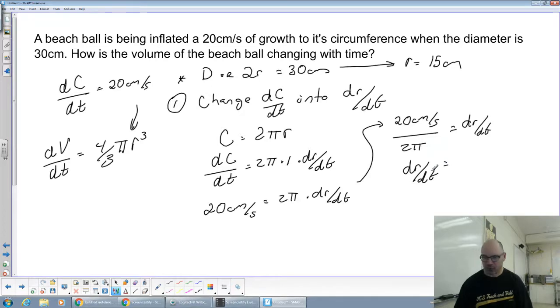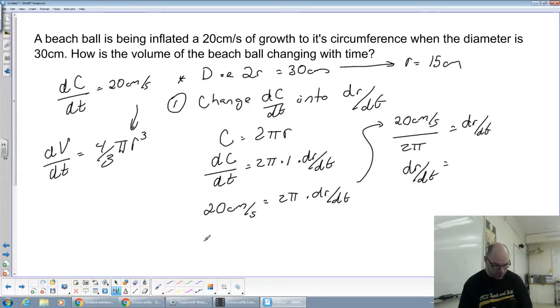We're going to round this off to the nearest tenth. So 20 centimeters over 2 pi.